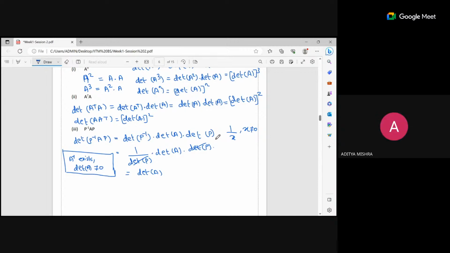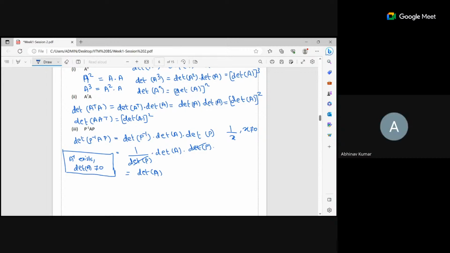But if we cancel them, let's say P times P inverse becomes I, still it will be the same answer. No, because we cannot directly multiply P inverse into P, because there is A in between. We can first compute the matrices, multiply them, and then find the determinant at last.